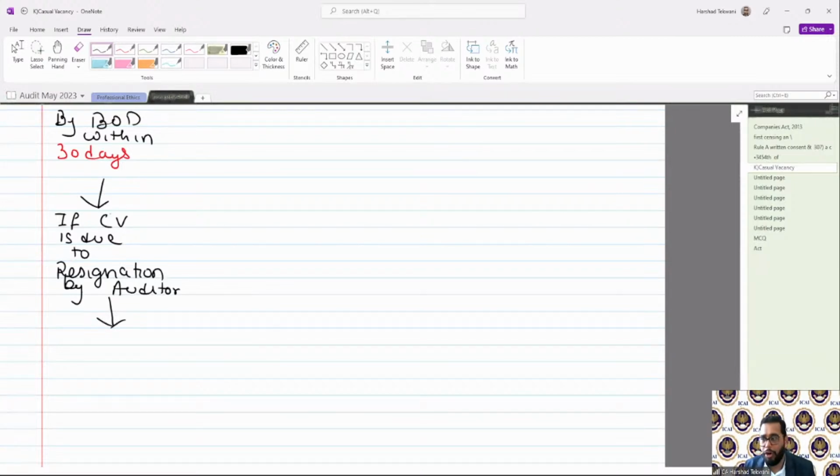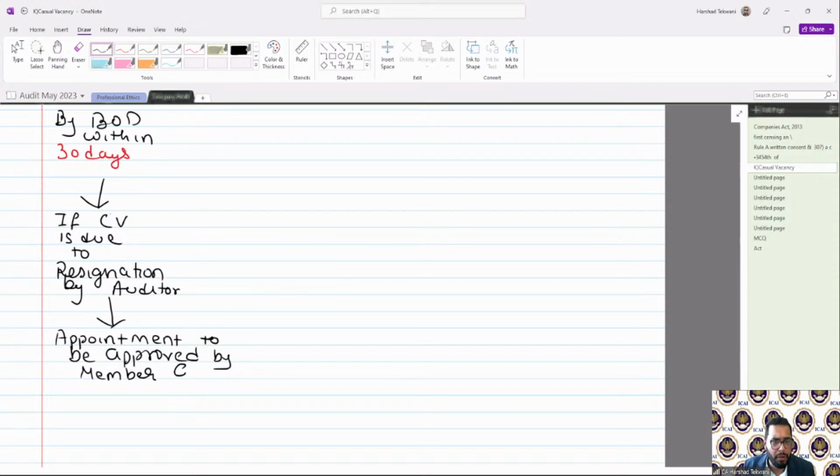So the board of directors will appoint, but that appointment is required to be approved by members in general meeting.